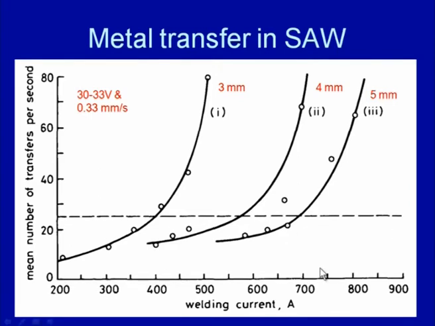So, the diameter of the electrode and the welding current significantly affect the rate at which the drops are transferred during submerged arc welding, but most of the time these are transferred in the form of discrete droplets being formed at the tip of the electrode.